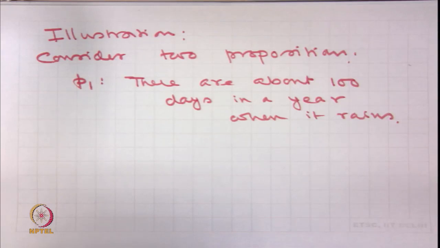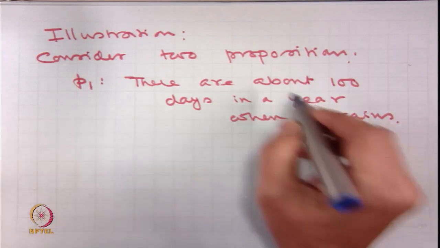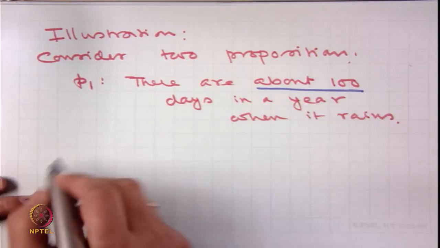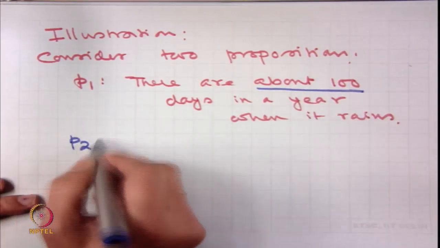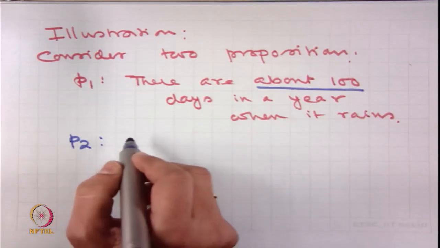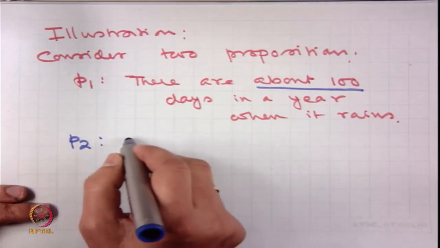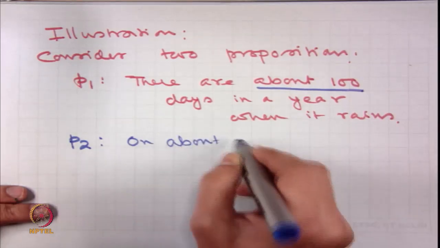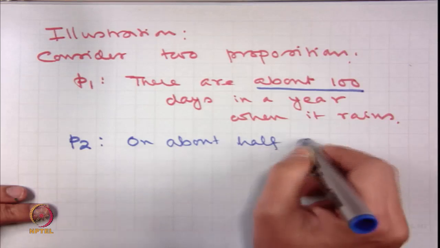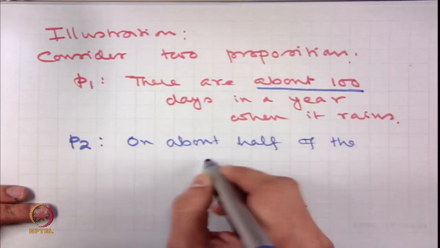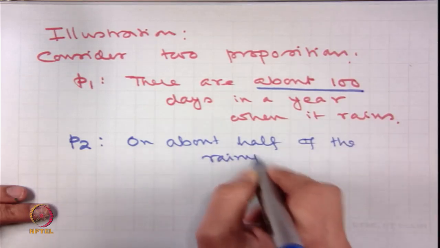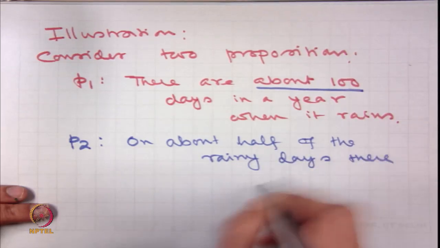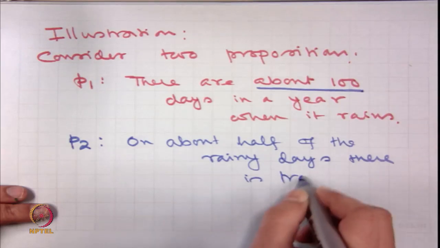So, this is a statement with a fuzzy quantifier of the first kind, about 100. And P2 is: on about half of the rainy days there is a traffic jam.